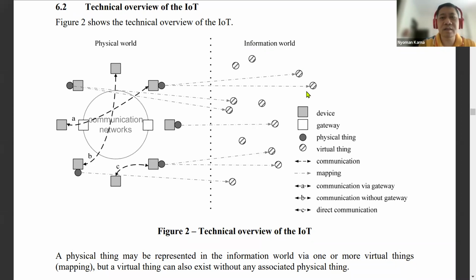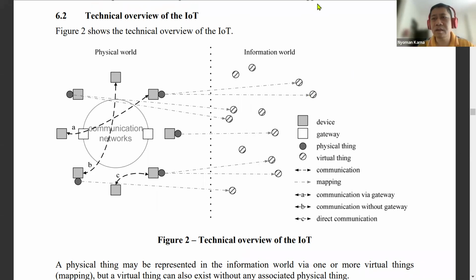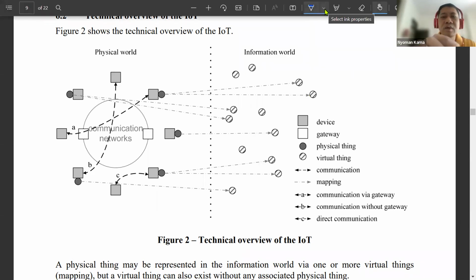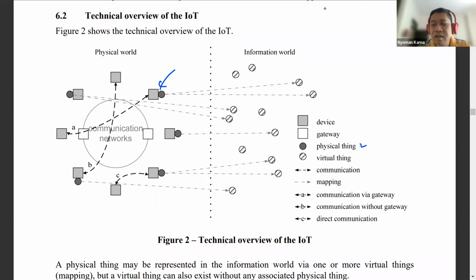And to transform from that virtual or relative thing into something quantifiable, we need something that we call a physical thing. Sorry. We need this as a physical thing. And that physical thing will transform from that virtual thing. This is the virtual thing, for example. But because this is in information world, the temperature could be hot, cold, or cool.